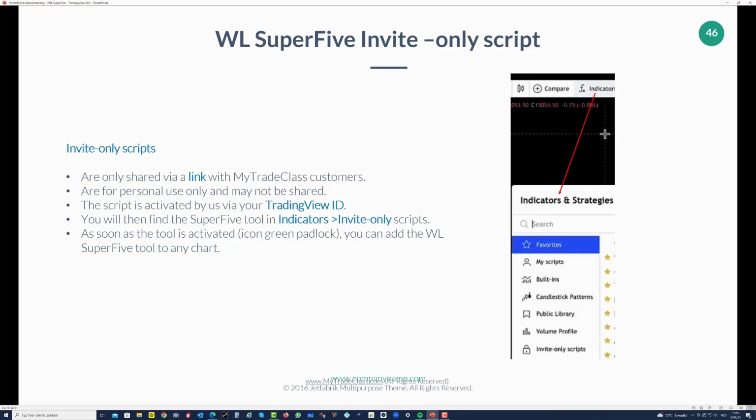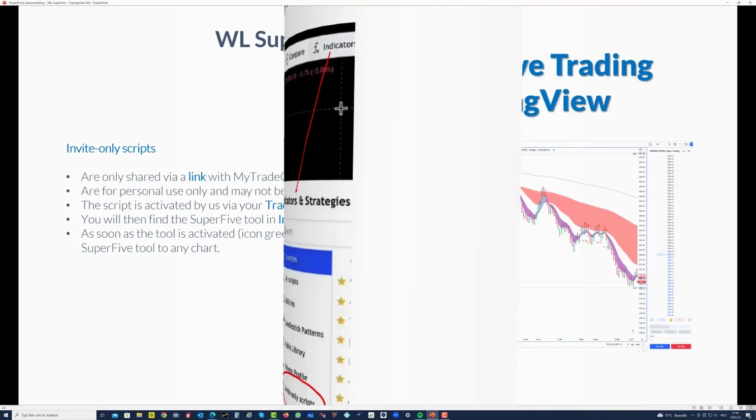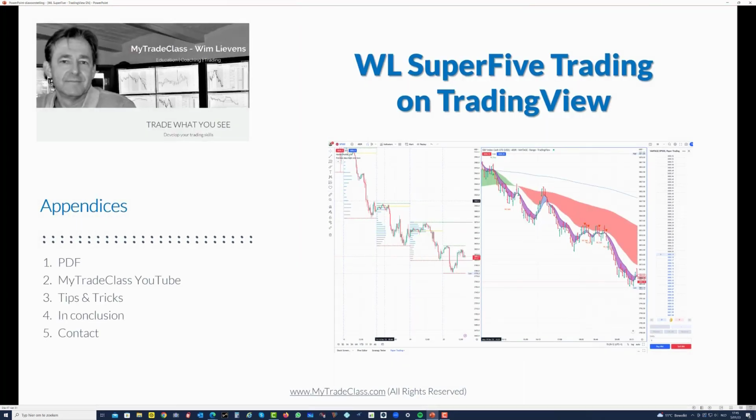You can use them separately, you can use them together, and very easy. You can immediately use them on any chart you like without any restriction. It is very simple, as is for all invite-only scripts on TradingView. Very easy to use, very easy to do.